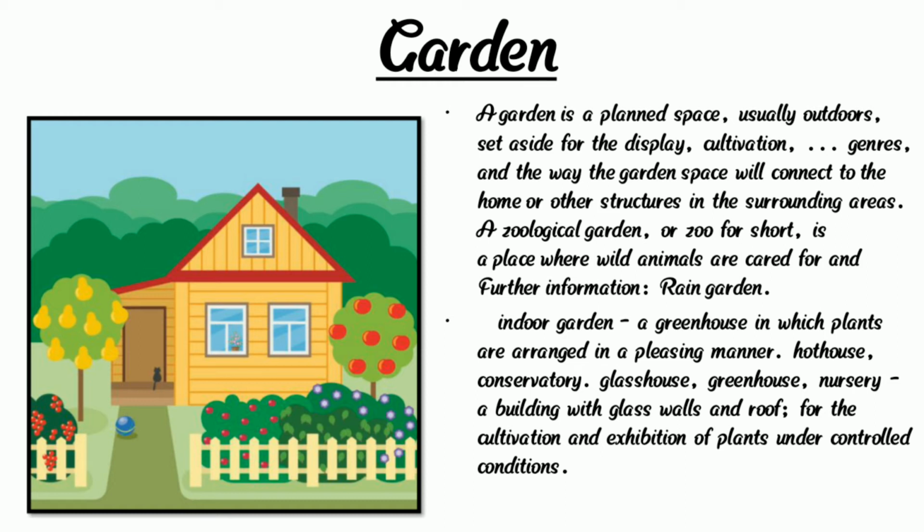A garden is a planted space, usually outdoors, set aside for the display and cultivation of plants, where the garden space is connected to the home or the structures in the surrounding areas. A zoological garden, or zoo for short, is a place where wild animals are cared for.